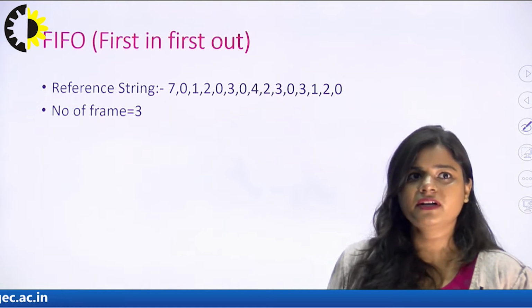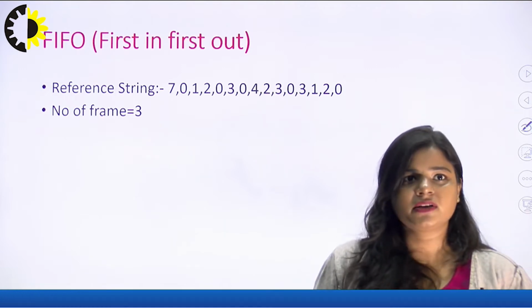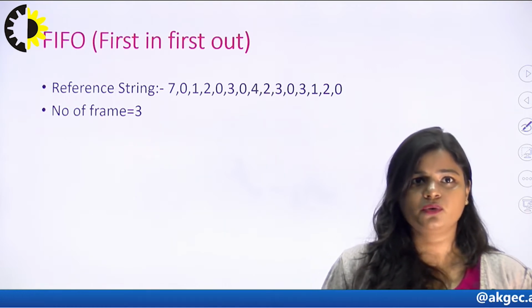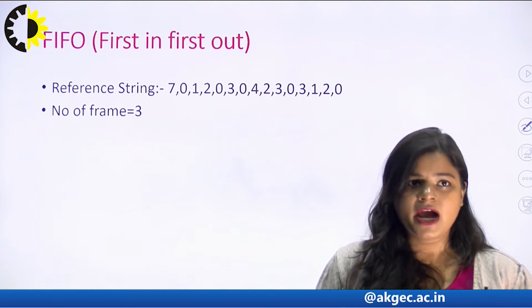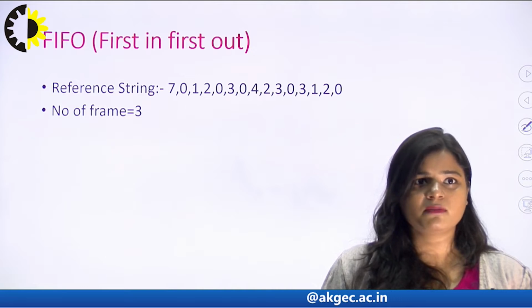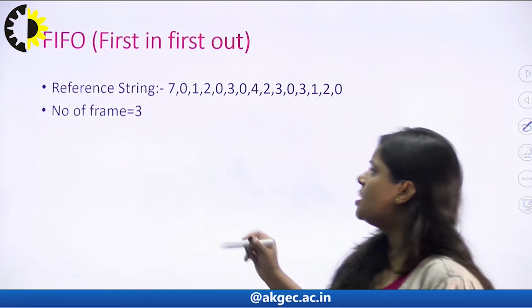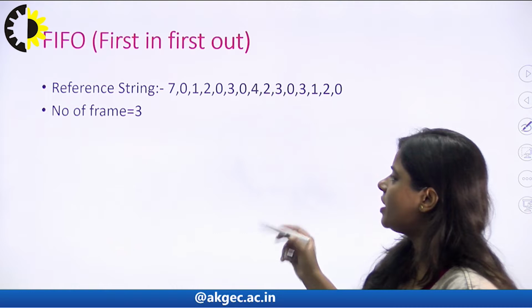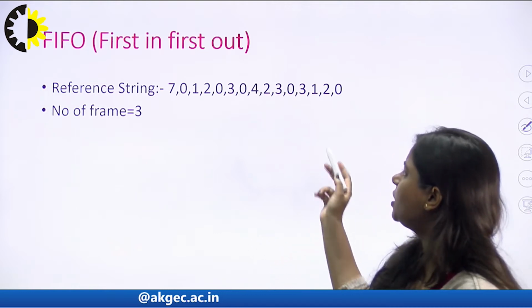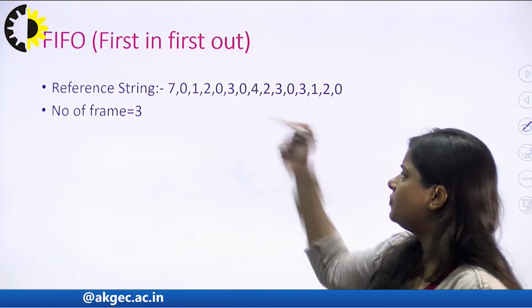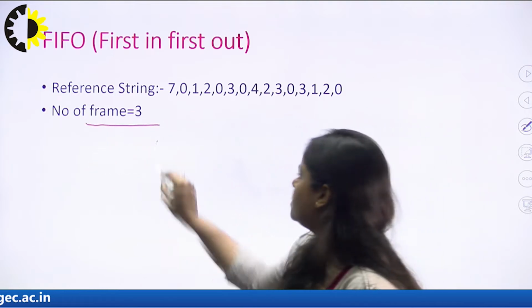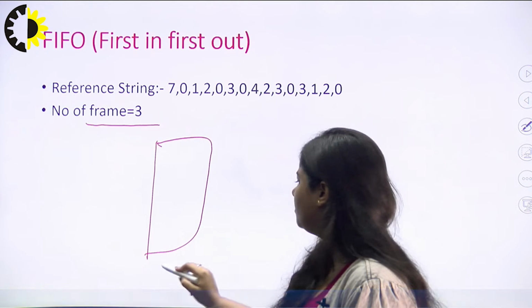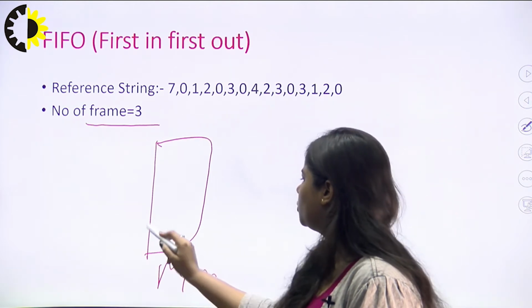We have one reference string which is 7 0 1 2 0 3 0 4 2 3 0 3 1 2 0, and we have the condition of number of frames 3. If I want to execute this string with FIFO, the number of frames in main memory would be 3.